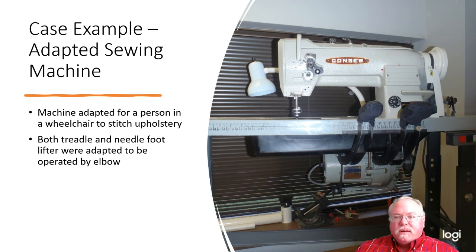And so what we ended up doing was taking an industrial sewing machine, and we modified the foot controls and the knee controls, and we added some levers onto the system, so that instead of having to use his legs, he was able to use his elbows to be able to control the clutch on the machine, because this type of machine actually has a clutch on it, as well as the foot, which is what holds the fabric down, the upholstery down to the table.